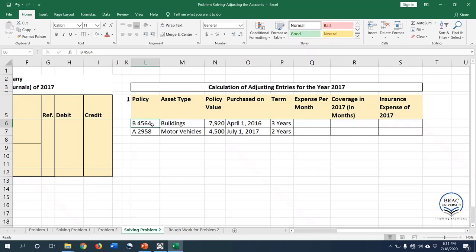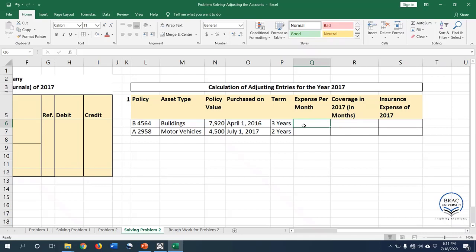Okay, policy 1 we have bought for 7,920 for 3 years. So we can easily calculate from here what should be the expense for each month. We know that 3 years equal 36 months, right? So for our adjusting entry calculation, it is better that we calculate the insurance expense per month, and that's a very easy calculation, right?